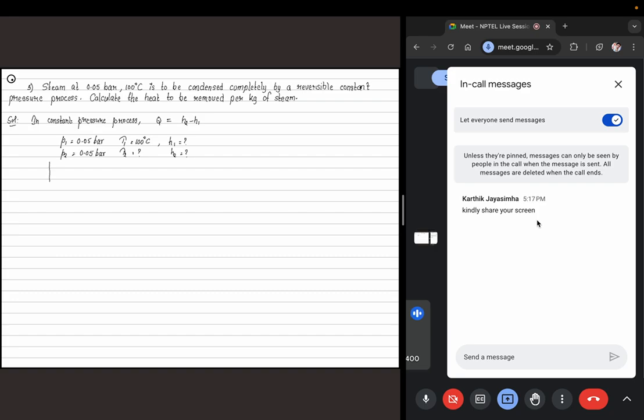Or if you were to put it on the PV plot, let's say this is my 100 Celsius line.